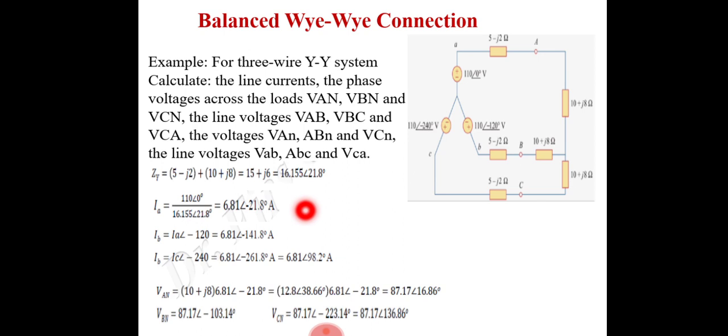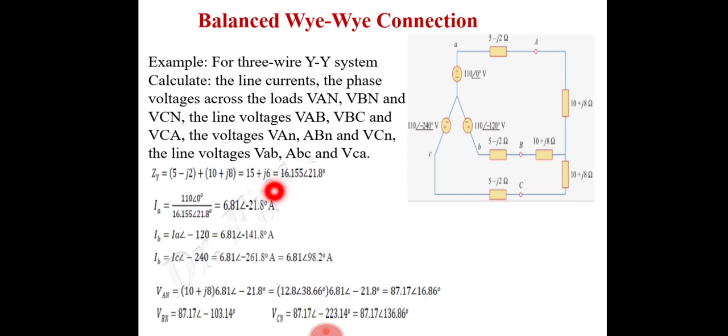And IC is IA with angle minus 240, so IC becomes 6.81 with angle minus 261.8 ampere. So phase current and line current are both the same, 6.81 ampere.